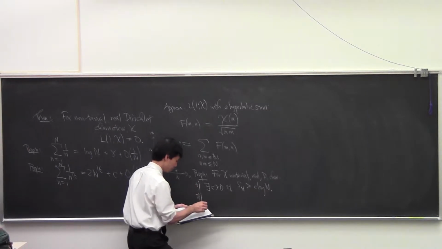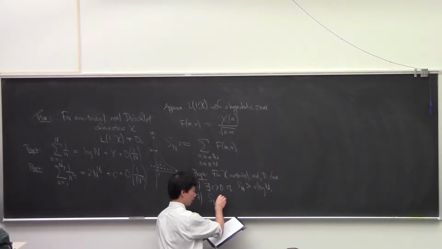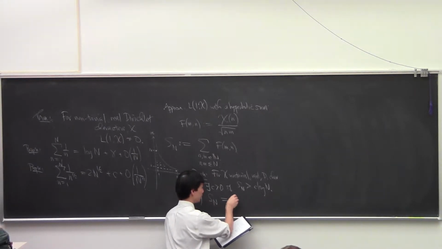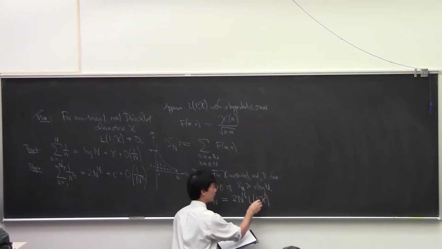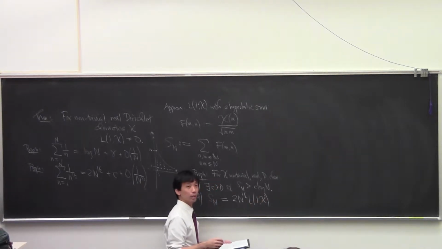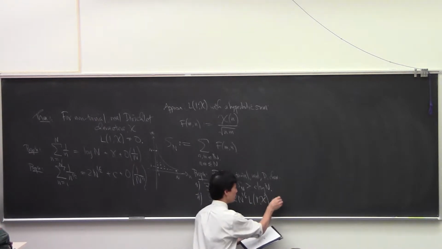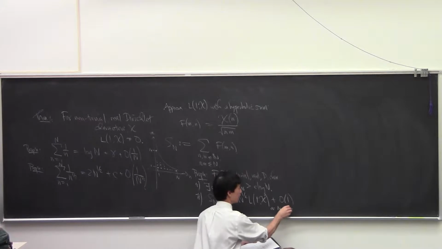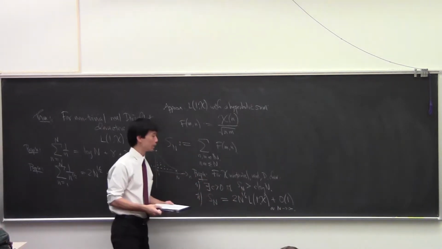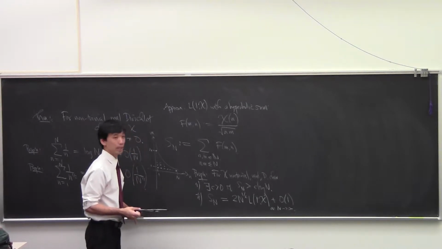Two, S(N) is actually 2N to the 1/2 times L(1, chi) plus some error, plus something on the order of a constant as N goes to infinity.